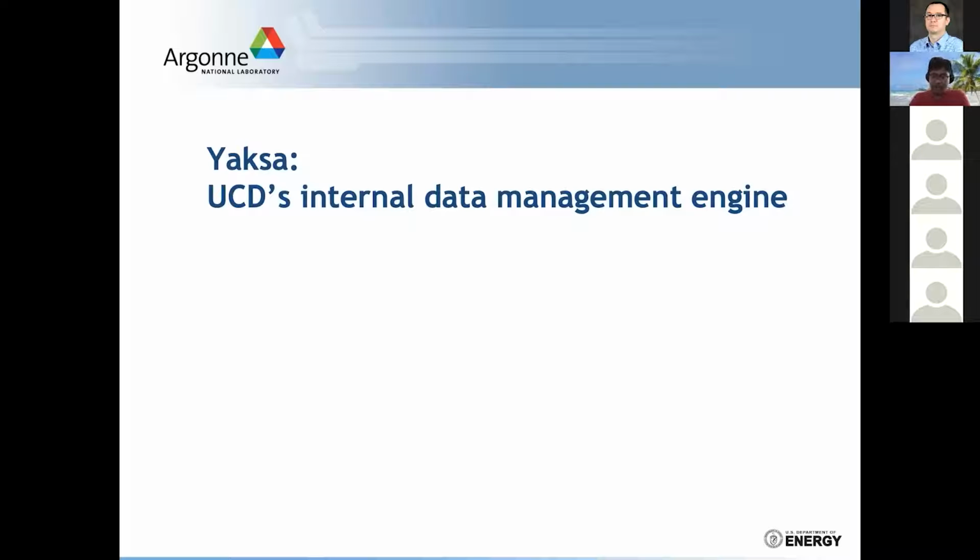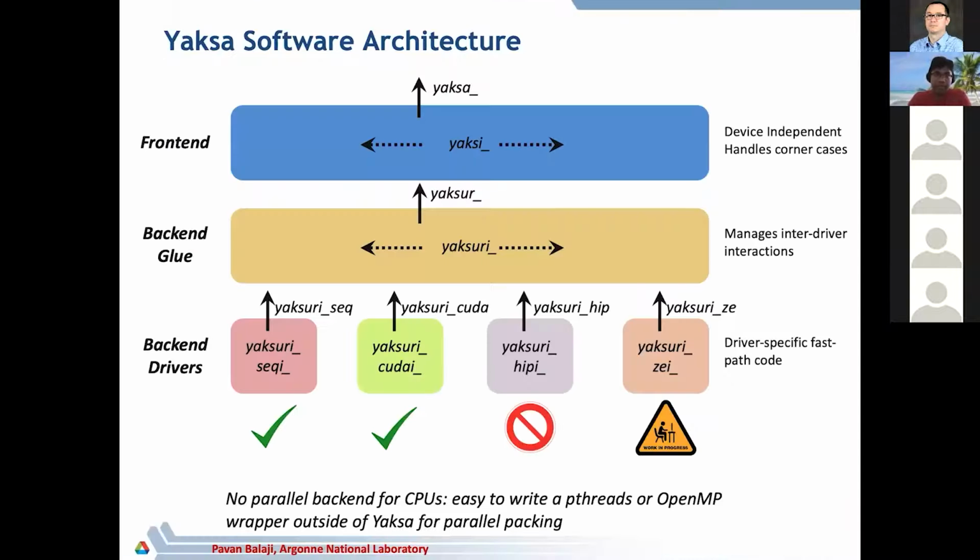UCD wraps around it to give whatever functionality UCX needs from it. The Yaxa software architecture itself is a multi-layer architecture. There is a front end, which does basically device-independent pieces and handles various corner cases. I'll talk about that in a bit. There's a backend glue layer, which manages inter-driver interactions. I'll talk about that as well.